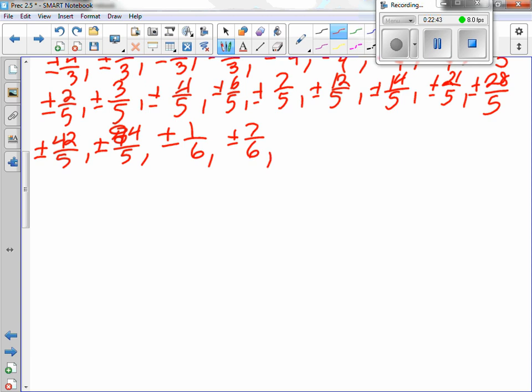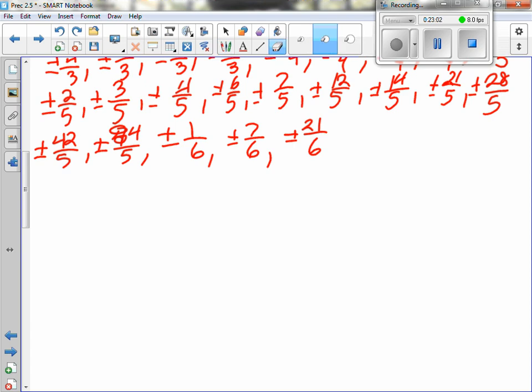6 we need. 12 6 is 2. 14 6 is 7/3, which we have. 21 6 is 7 halves, because they both have a common factor of 3. 3 times 7, 2 times 3. 28 would reduce, which would be 14/3.